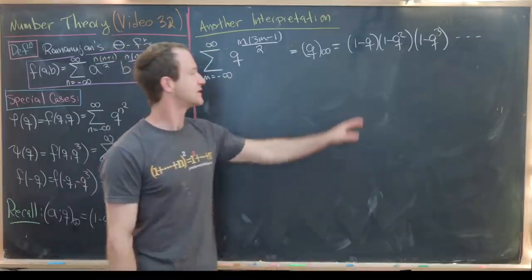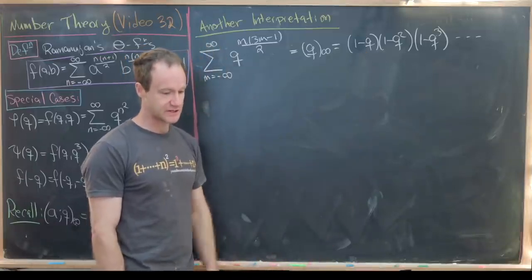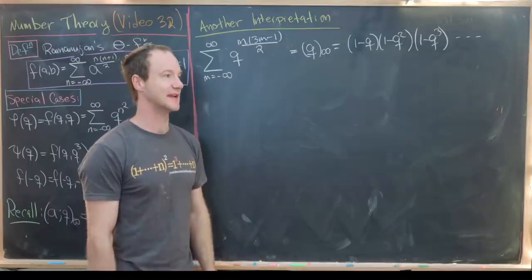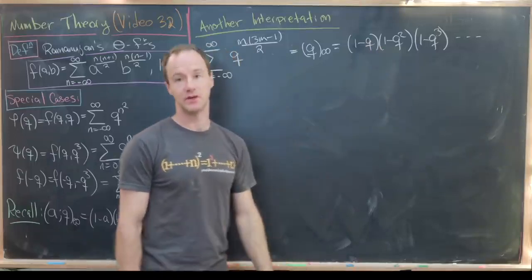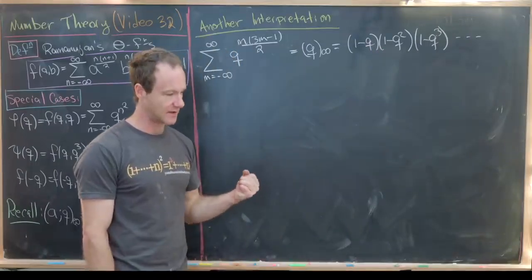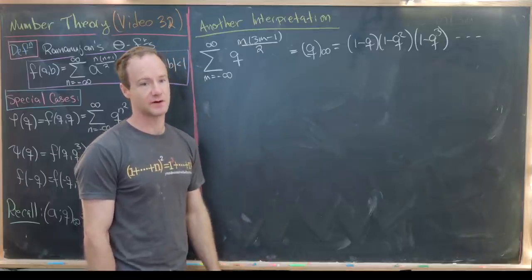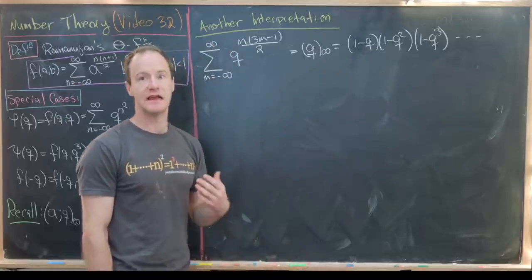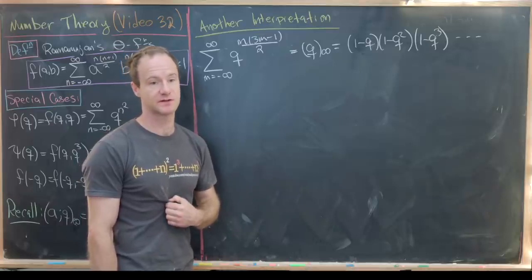So this looks almost like the generating function for partitions with distinct parts. And it's actually really related to that. Notice if we multiply an even number of q's, we'll get a positive number. And that'll be like using an even number of distinct parts. If we multiply an odd number of these q's, we'll get a negative number. And that's like using an odd number of distinct parts.